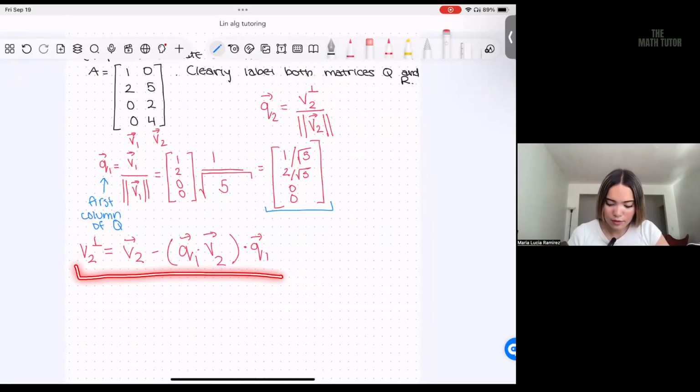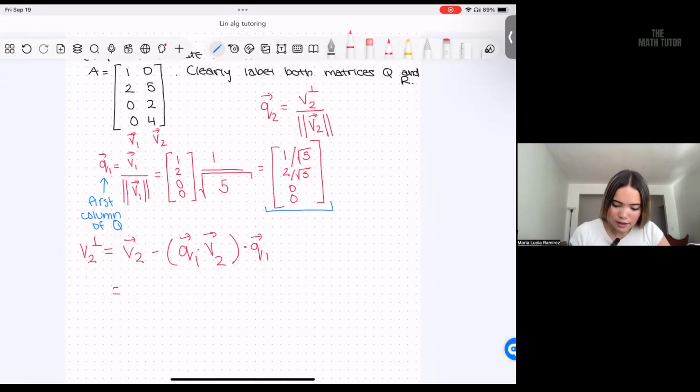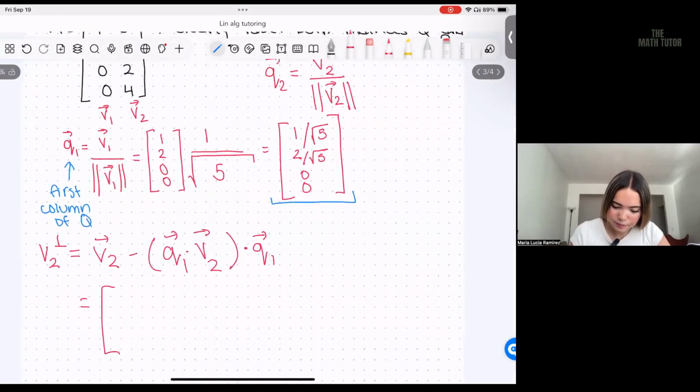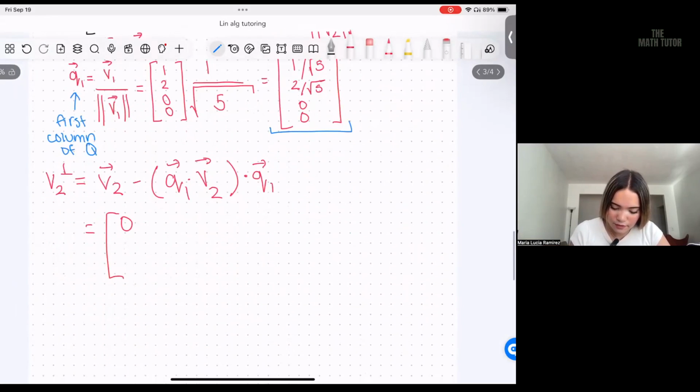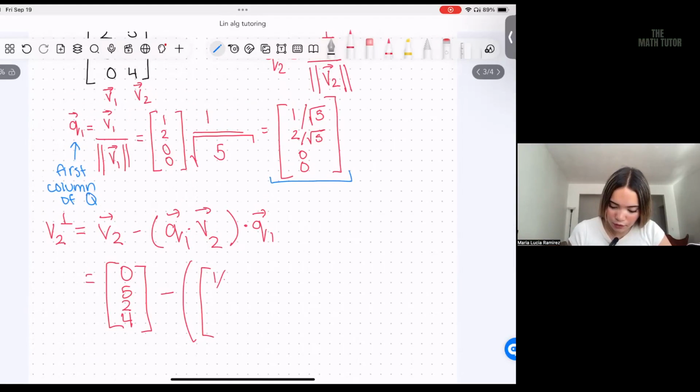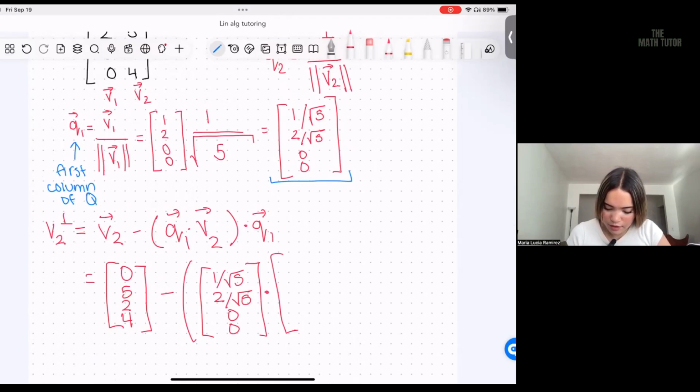So V2 is going to be equal to this right here, and it would be 0, 5, 2, 4 minus the dot product of Q1 and V2, times Q1. We have Q1, 1 over root 5, 2 over root 5, 0, 0, dotted with V2. So we have 0, 5, 2, 4.